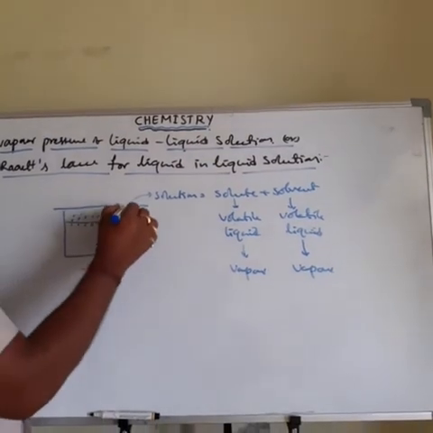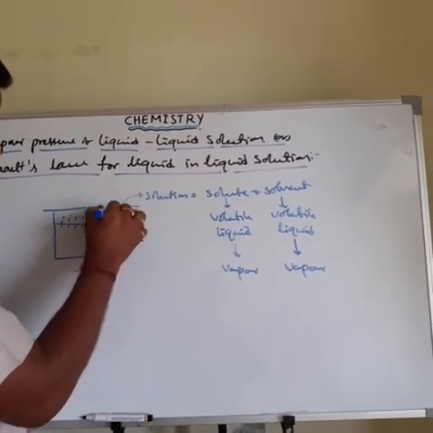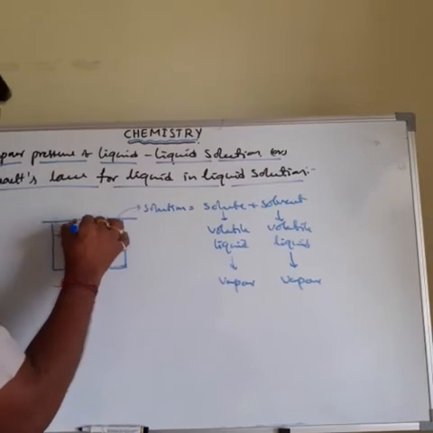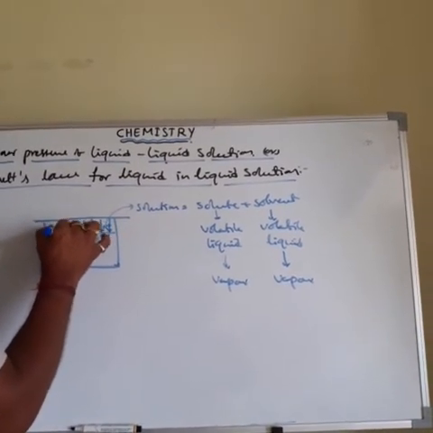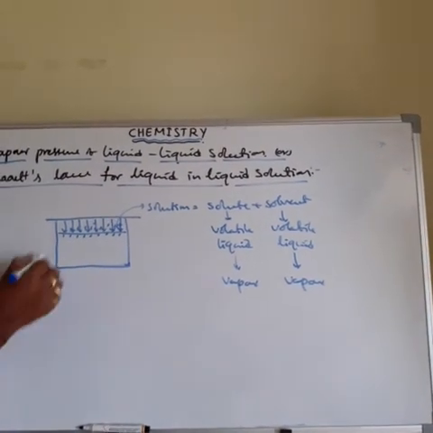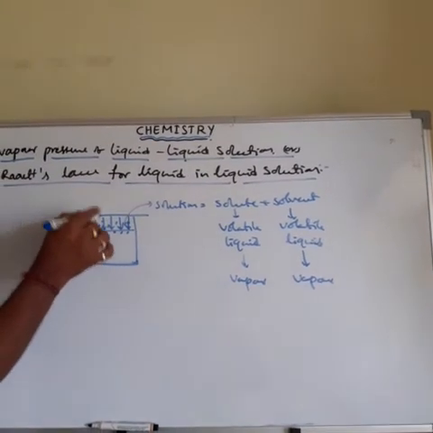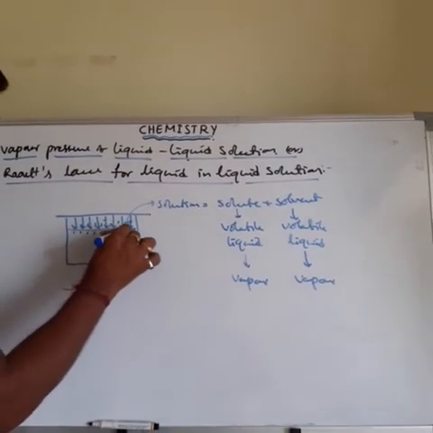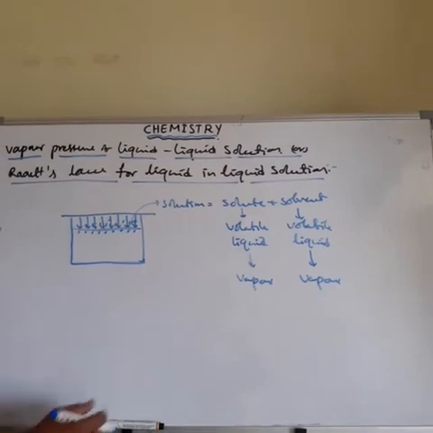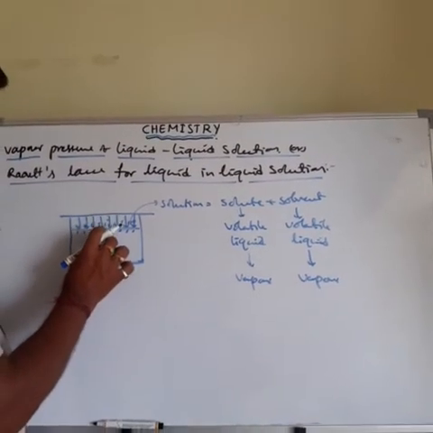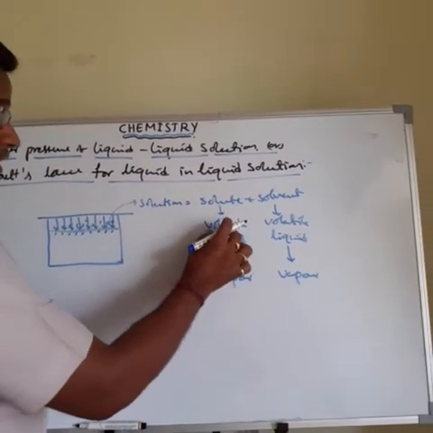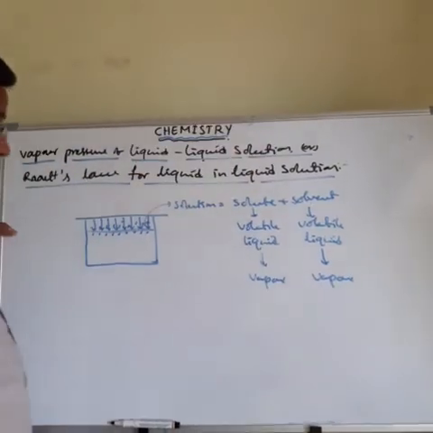After that, these vapors exert pressure on the liquid surface at equilibrium. That means the vapor pressure is exerted by both volatile liquids, the solute and the solvent.